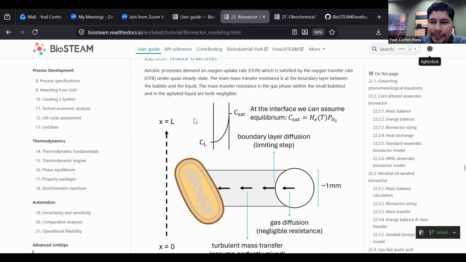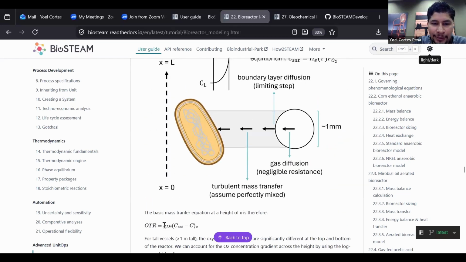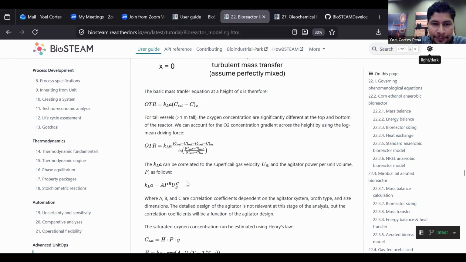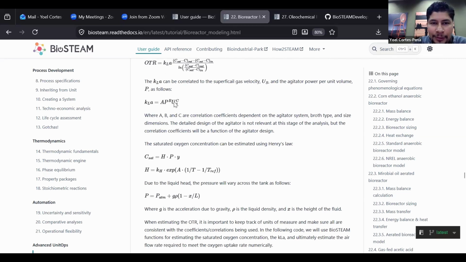So there's a lot of details in the mass transfer, and we can estimate the oxygen transfer rate based on this mass transfer equation. Now, the mass transfer coefficient is going to depend on how you operate your aerated bioreactor. And this is a very simple correlation here that depends on the power and your agitation and the velocity of your gas bubble.